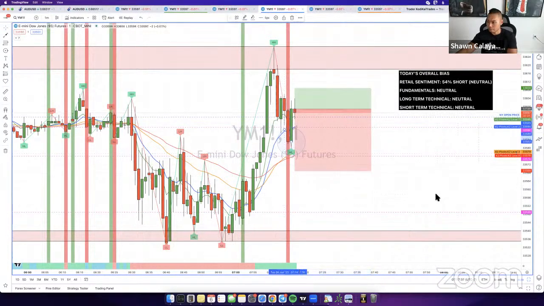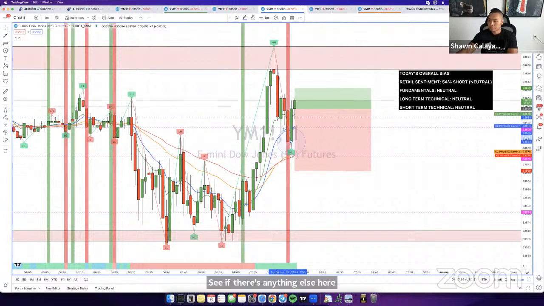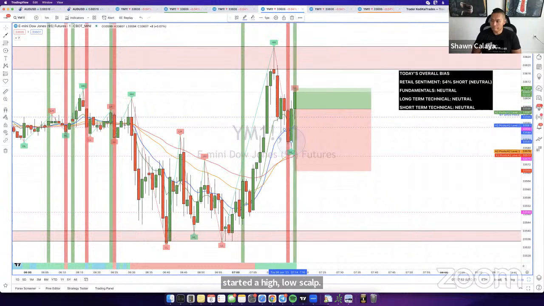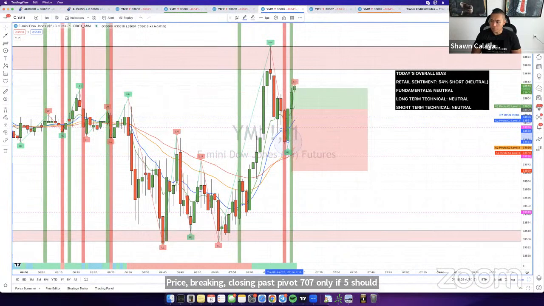Let me see if there's anything else here. Let's see, Williams said at 650, the lower high started a high-low scalp. Price breaking, closing past pivot 707. Only if bias would be bullish, didn't take it, but if we had a bullish bias, I would have taken it. What's your thoughts?